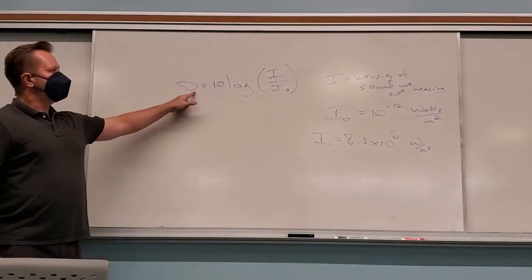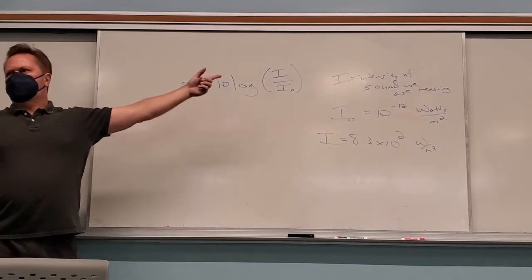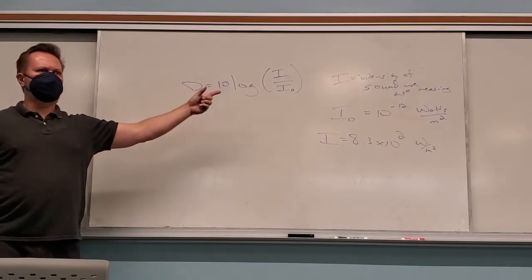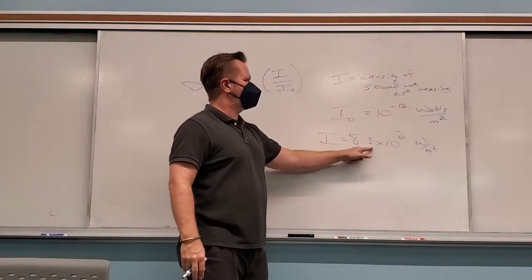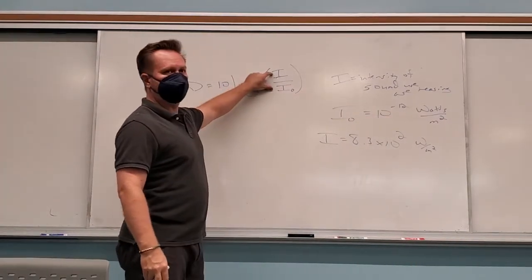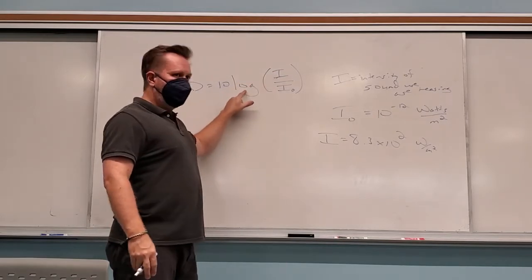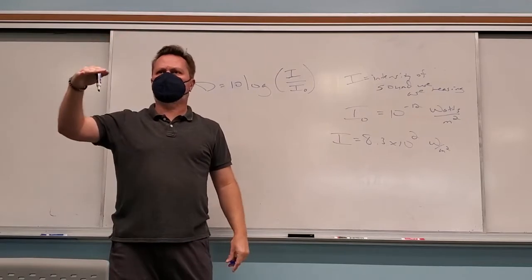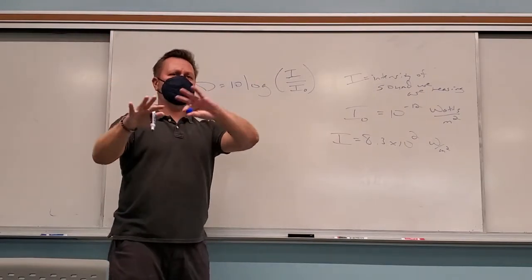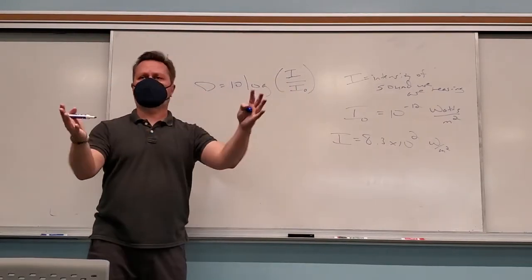So I want to figure out the decibels. So all I got to do is plug it in. Is that cool? So it's sort of like, how many times more intense is this to this? I would divide those. And then we take a log just to make it get to a scale that's better for us to talk about. This is roughly how we do Richter scale for earthquakes.